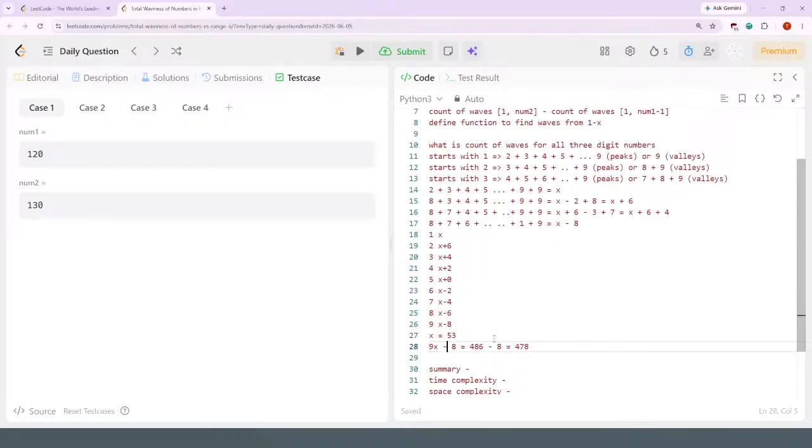Whoops. 53 should be multiplied by 9. Unless I'm miscounting this. 53 times 9 is 480 minus 3, 477, minus 8 would be 469.